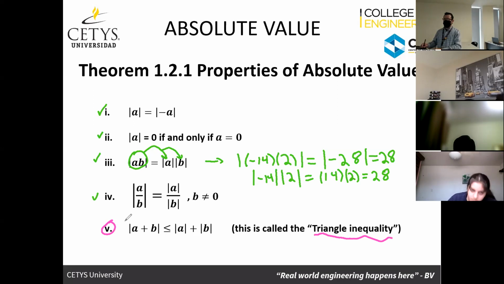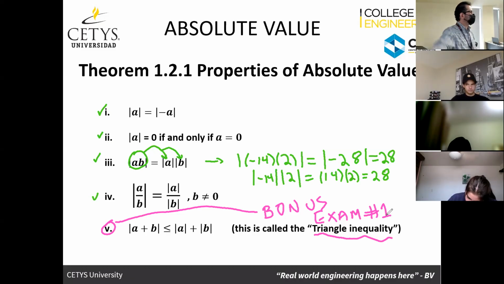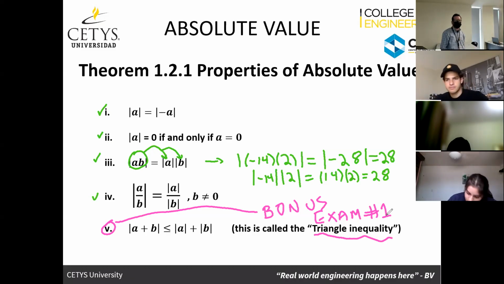This is going to be a bonus for exam number 1. If you can do the demonstration or the explanation of that, and you can Google it and research it, just think about it, and when you get to the exam, know how to write that down. That's going to be a bonus for exam number 1, the triangle inequality.